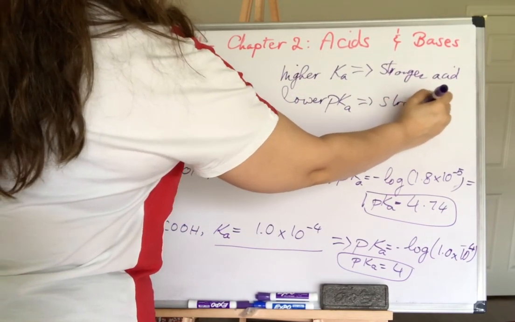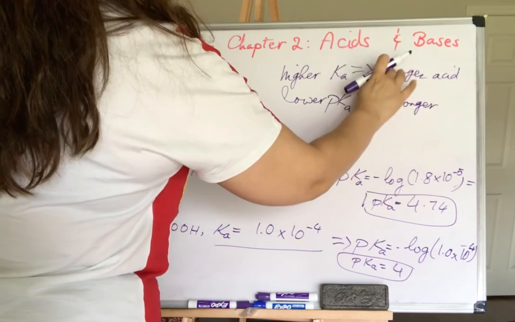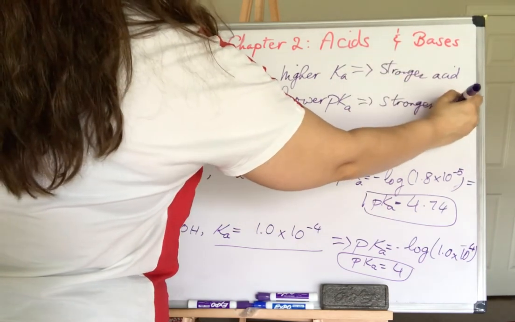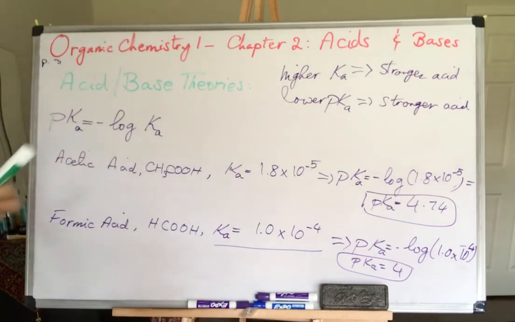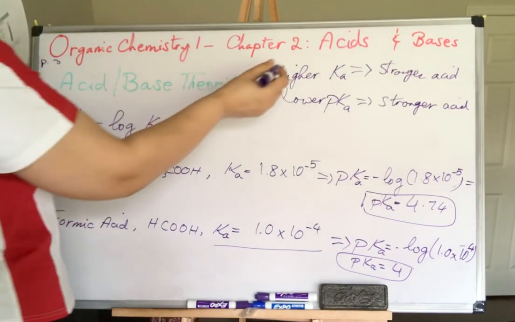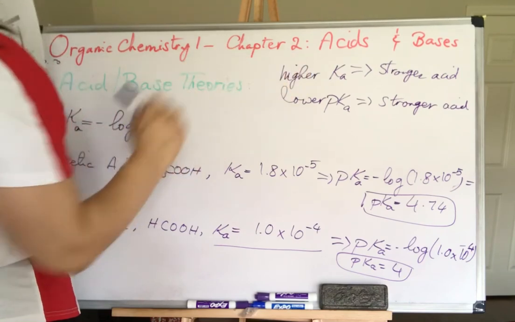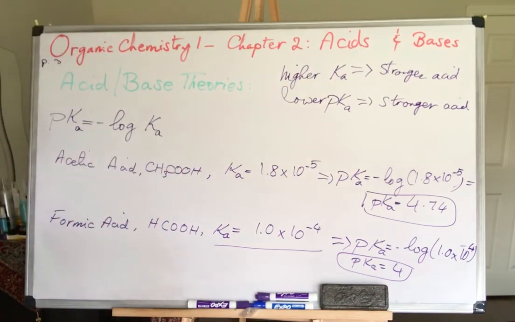Now, you have more freedom on determining the strength of acids, because if the Ka is given, look for the higher Ka. If pKa is given, look for the lower pKa. Okay, that part was a review on what you had in general chem.